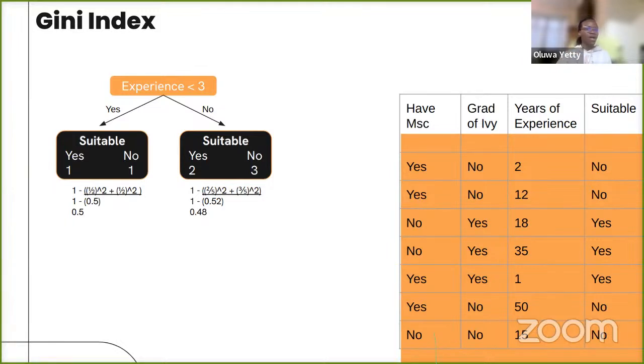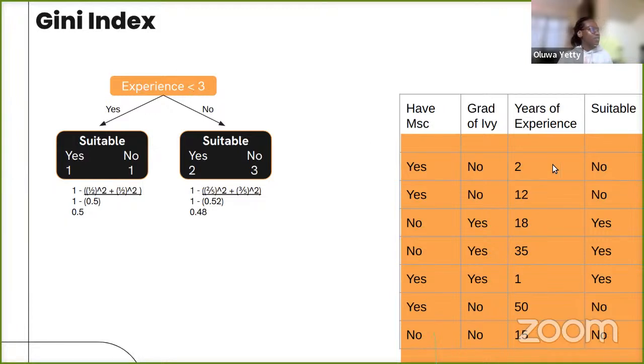Okay, cool. For the no branch, we start again from the very first row of our data set. Is 2 less than 3? Sorry, experience less than 3. Now I'm getting myself confused.